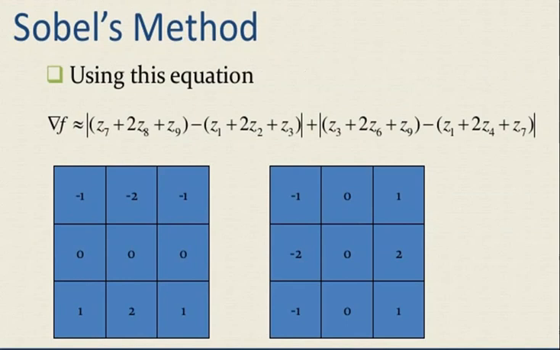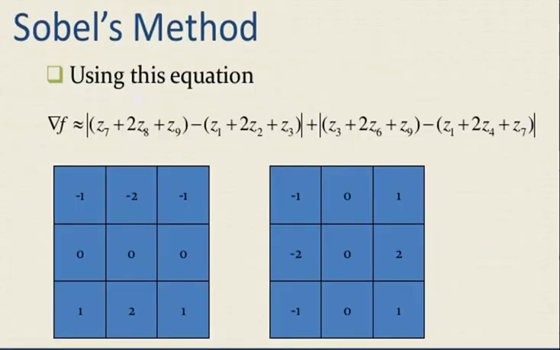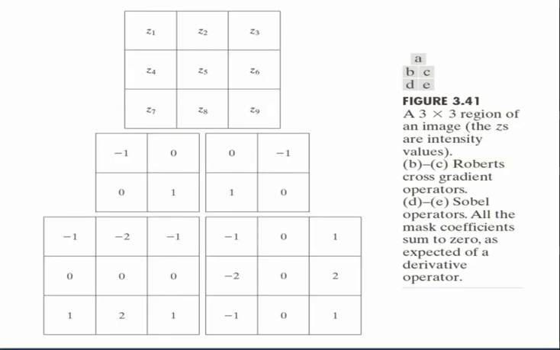This is another technique. Remember, the first one is Roberts and the second one is Sobel. Why Sobel? In Roberts you can get some confusion: where is the center position? A 2 by 2 matrix gives certain ambiguity, because where can we place this on the original image? It is very difficult to understand the exact position of f of x comma y.